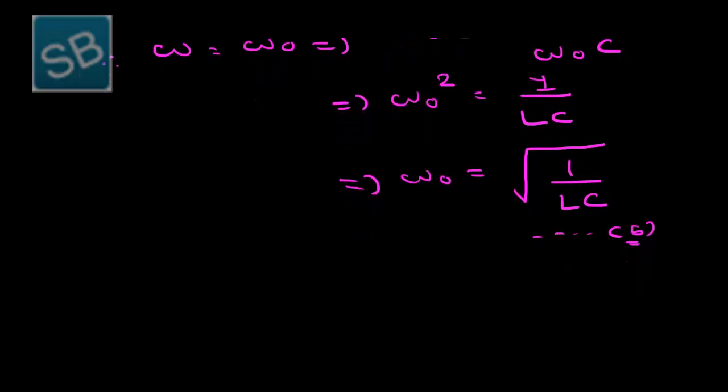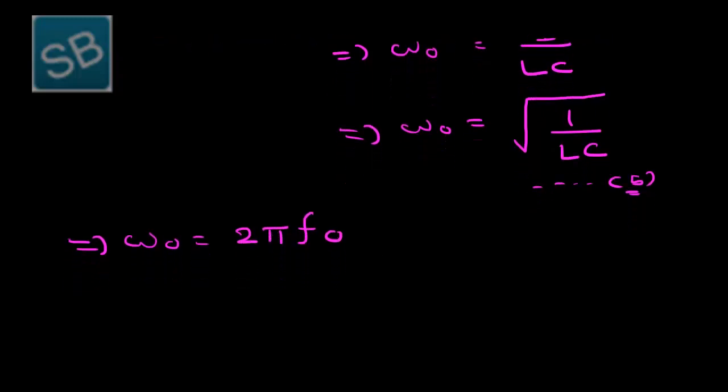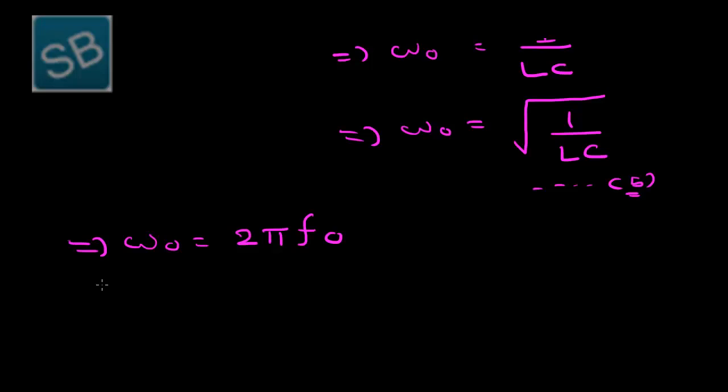Now, you know omega is related to the simple frequency f in this way: omega 0 is equal to 2 pi f0, so you can find the actual or natural frequency.